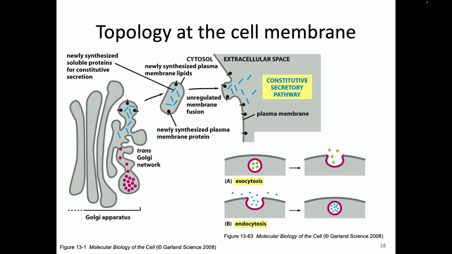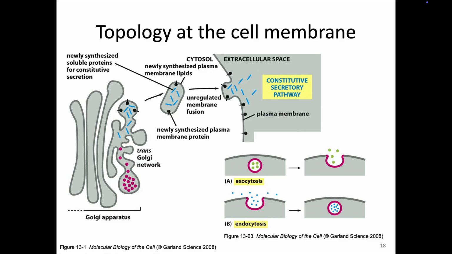If we want something to be a transmembrane protein, like this little round protein, you can see we have to make sure the round part is inside the Golgi and inside the vesicle if we want it to be outside on the surface of the cell. So it matters what direction that protein is so that it can be in the right orientation at the surface of the cell.